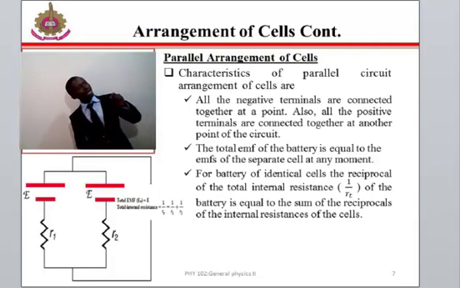The total EMF of the battery is equal to the EMF of the separate cells at any moment. For a battery of identical cells, the reciprocal of the total internal resistance, which is 1 over R subscript T of the battery, is equal to the sum of the reciprocals of the internal resistances of the cells.